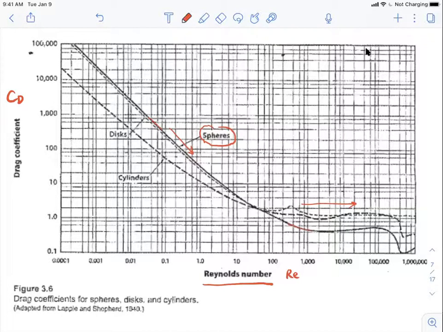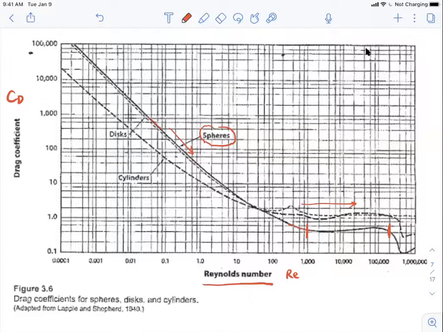You can see that for a range where the Reynolds number is between, let's say, 1,000 and 100,000, the CD is very constant. That's why when the drag force equation first came out in the year 1680, people assumed that the CD is a constant.